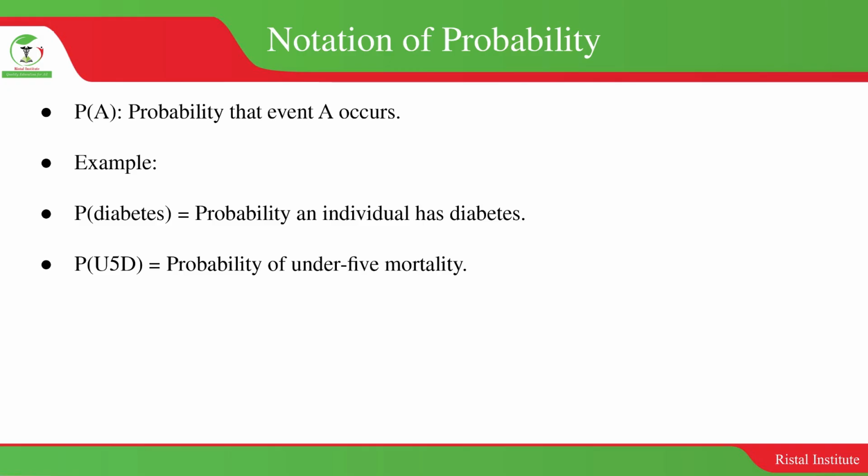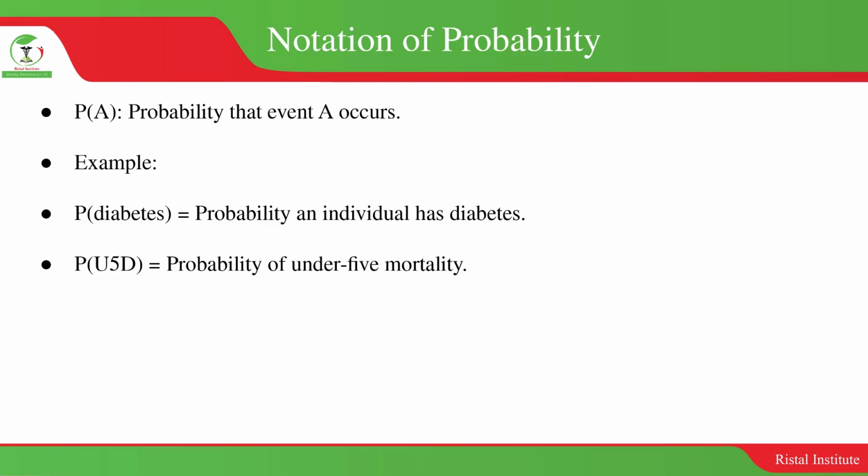For example, if you wanted to understand the probability of under 5 deaths, in other words the mortality rate in the society, you would have data for all mortality in the society, but your event of interest is mortality under 5. So your notation in the parenthesis here would be the probability of under 5 death. That is just an explanation of P in brackets, the event of interest in there.